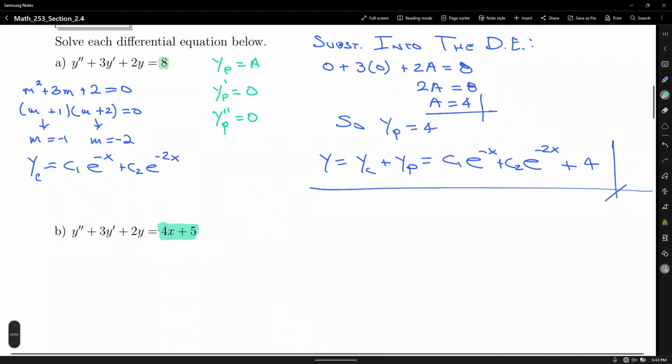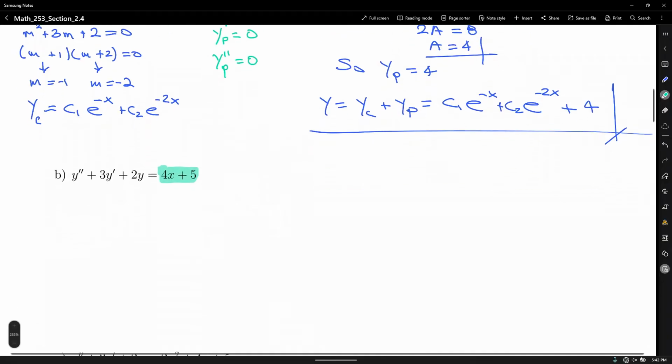At this point, you know how to solve these homogeneous differential equations. Just know your factoring techniques or the rational root theorem, whatever it takes. So that's going to help us save time. Okay, so number one, let me write y sub c equals the same solution, c1 e to the negative x plus c2 e to the negative 2x.